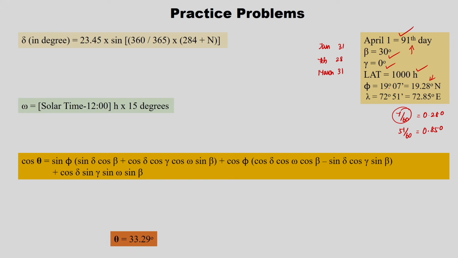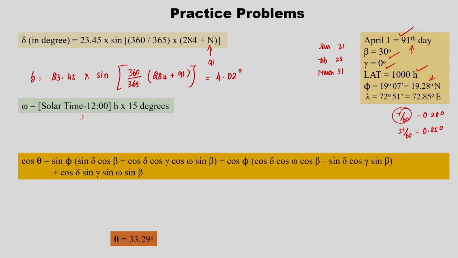To calculate delta, we probably require only n, that is the 91st day. So if we calculate, the delta is 23.45 degree into sine of 360 upon 365 into 284 plus 91, which becomes 4.02 degree.